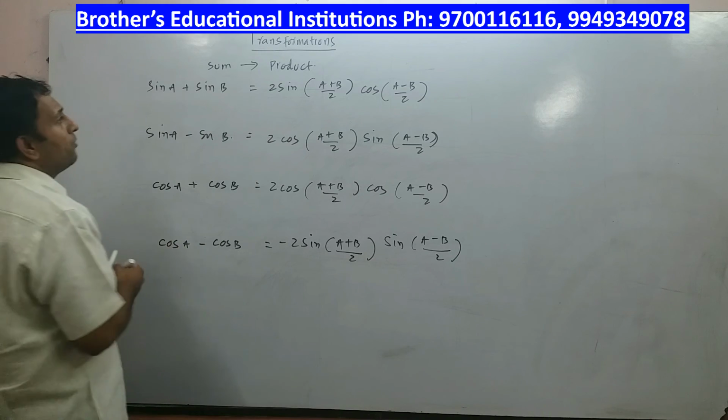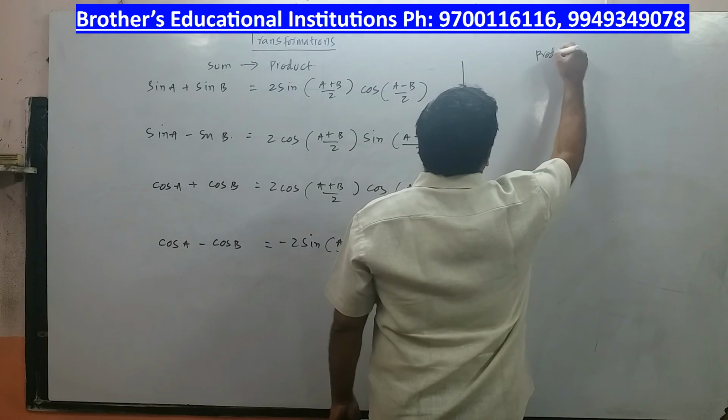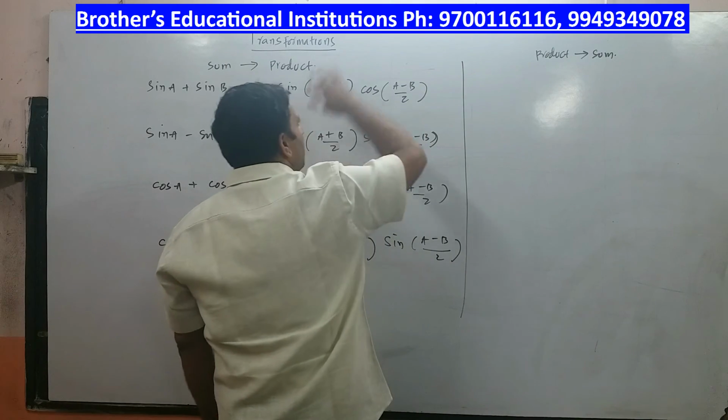And when you are dealing from product to sum, let me write the formulas here. Mostly you will have problems related to sum to product. Product to sum means what?